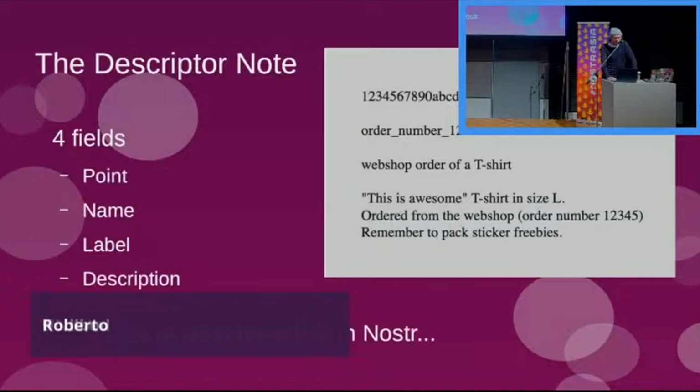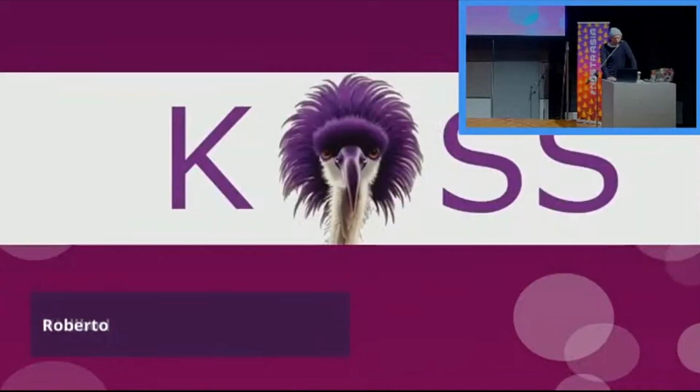So how do we implement this in Nostr? I'd like to use the good old developer principle: keep it simple, stupid. When you make a new NIP, it's very tempting to say, I want to put this into the JSON document. But I feel like the JSON document is already pretty advanced.